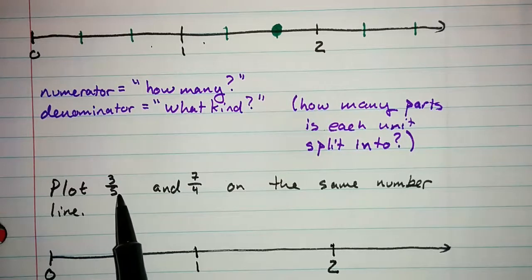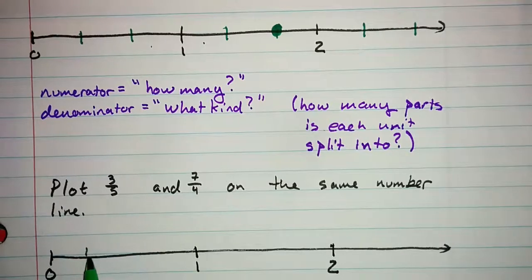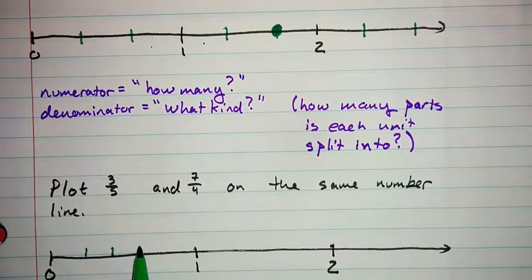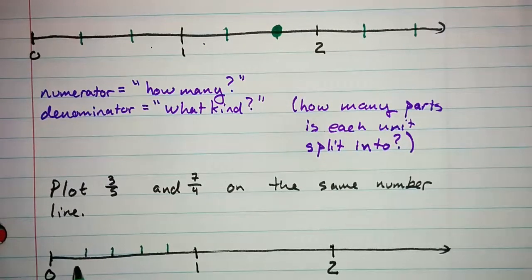3/5, the denominator is 5. That tells me I want to split each unit into 5 equal parts. So 1, 2, 3, 4, 5. Notice to get 5 parts I had to make 4 cuts. 1, 2, 3, 4, 5. And my artwork is terrible, but these are all the same.